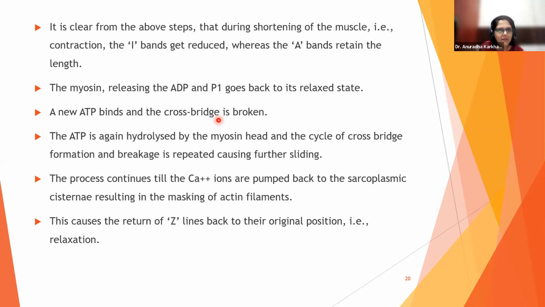Okay, but what will happen when the troponin will again come and sit on the actin filament? Now though ATP has come to pull the myosin heads, though the myosin head has hydrolyzed the ATP and it wants to go back, it cannot go back because अभी वो actin का site जो है वो block हो गया.